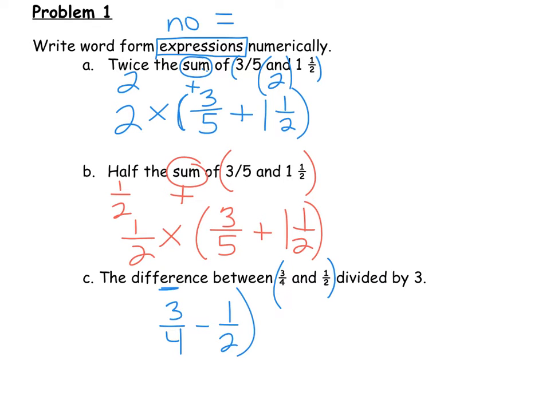So I gotta find the difference, and then I divide it by 3. Make sure you showed all your work, and that includes writing a plus sign underneath sum, a subtraction sign below difference, putting parentheses around what I have to add or what I have to subtract. Make sure you showed all your work, and you better not have any equal signs because the directions said write expressions.